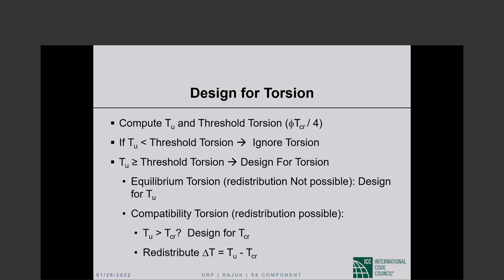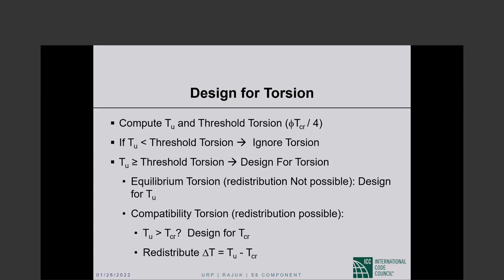I have a couple of pictures. Equilibrium torsion is something that, how should I say, we have no choice but to design for T sub u, the torsion acting on the member. We cannot redistribute part of it away. So that torsion is needed for the equilibrium of the member.